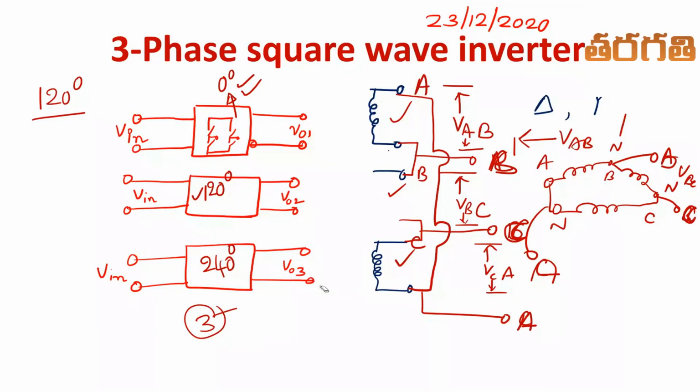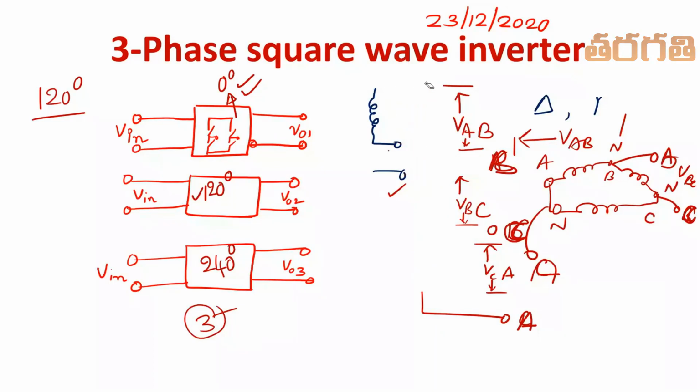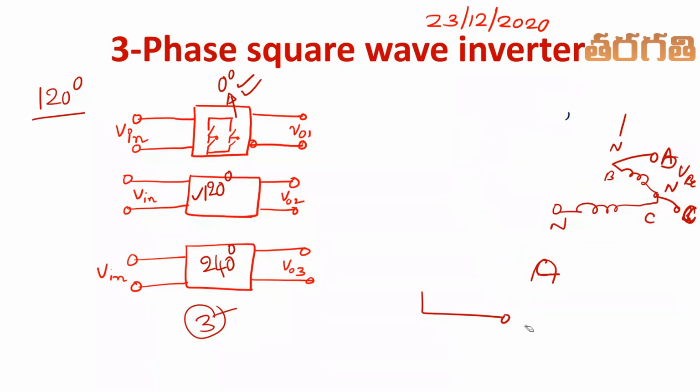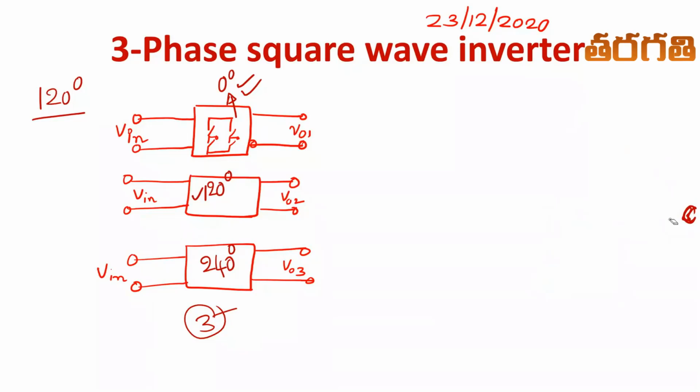Then also it is possible for us to obtain the three-phase voltages, by suitably connecting the switches or the output terminals of the bridge circuit.